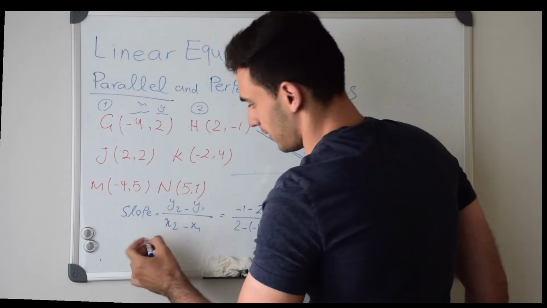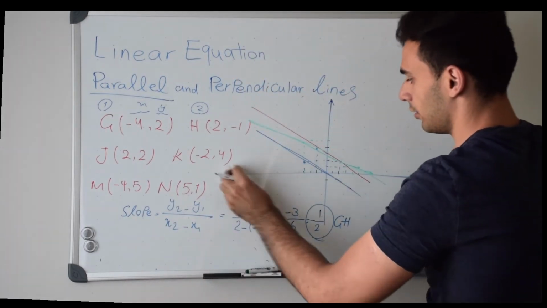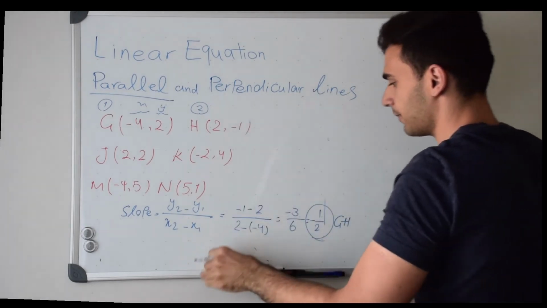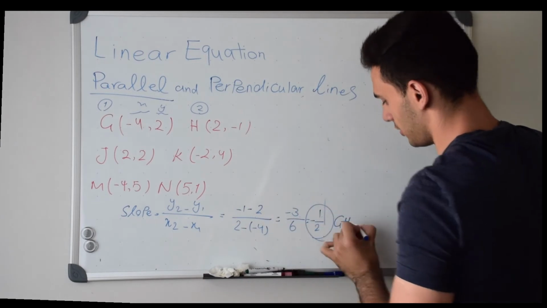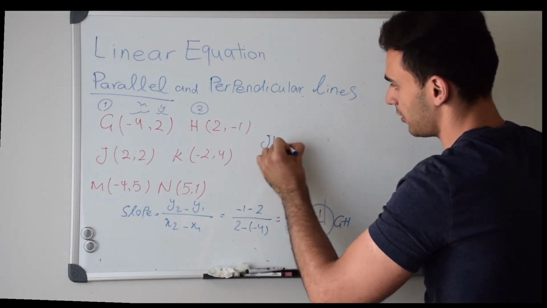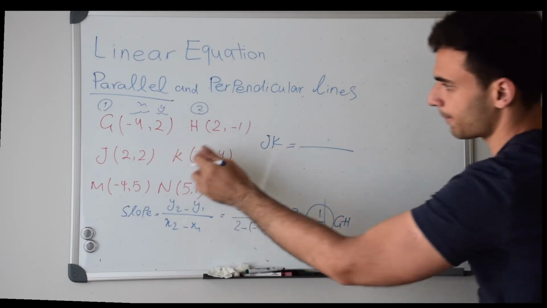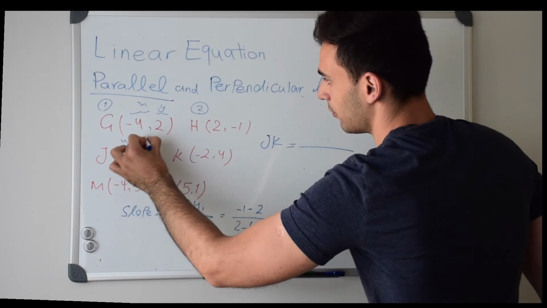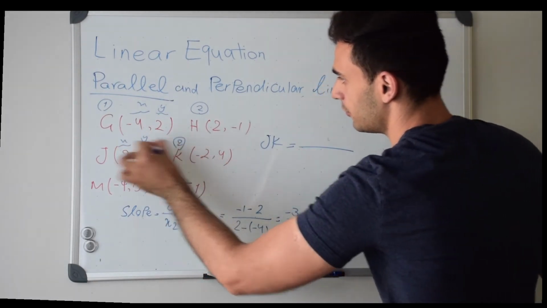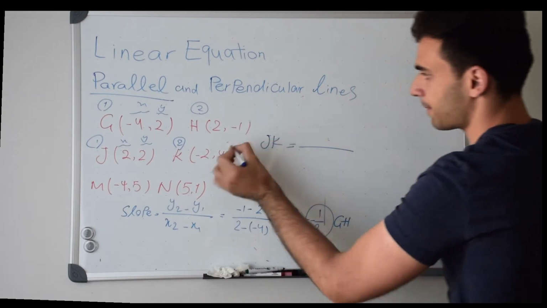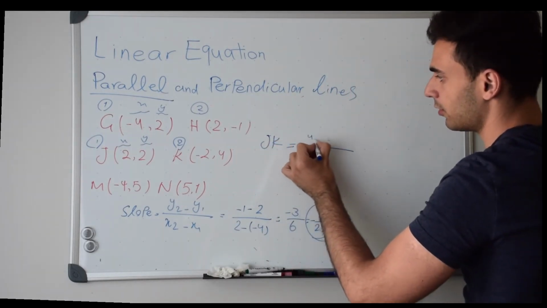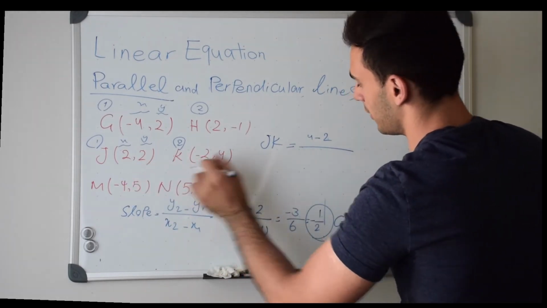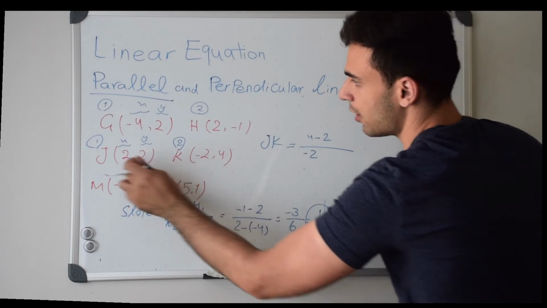What about line JK? The same principle. For line JK, I'm going to write the slope of it. We have x here, y here, point 2, point 1. 4 minus 2, divided by -2 minus 2.